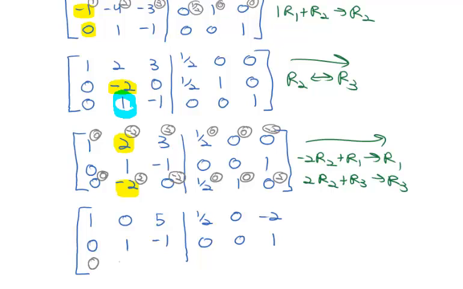We get 0, -2, and 2 is 0, -2, 1/2, 1, and 2. Getting close. Now we just have to do the last column, making that -2 into a 1. The reciprocal of -2 is -1/2 times row 3 to get our new row 3.